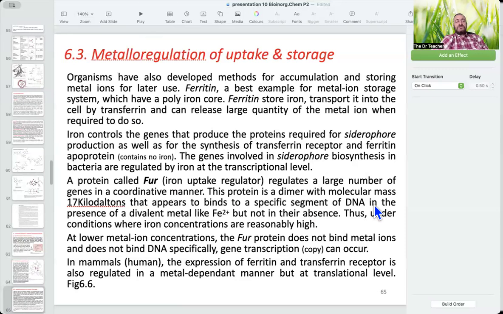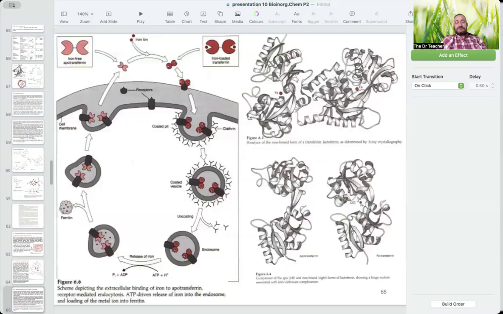There is a storage as well. So a protein called Fur, iron uptake regulator, which regulates a large number of genes in a coordinated manner. This protein is a dimer with molecular mass of 17 kilodaltons, appears to bind a specific segment of DNA. So again, these are very important for uptake and storage.